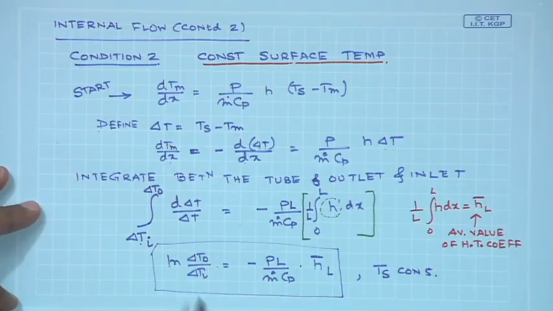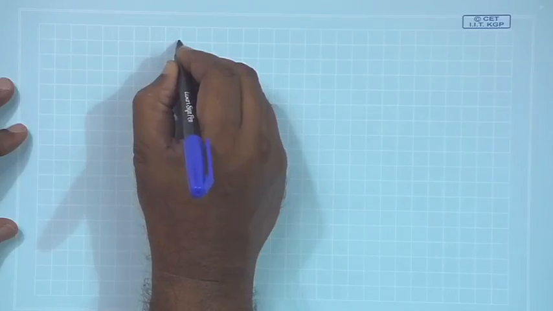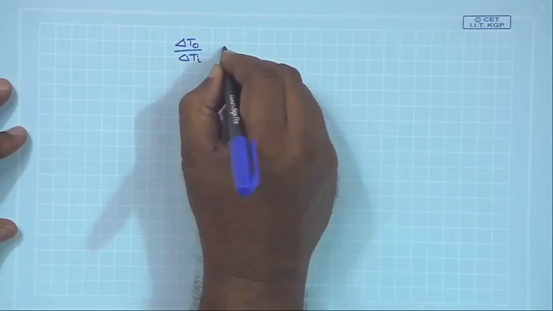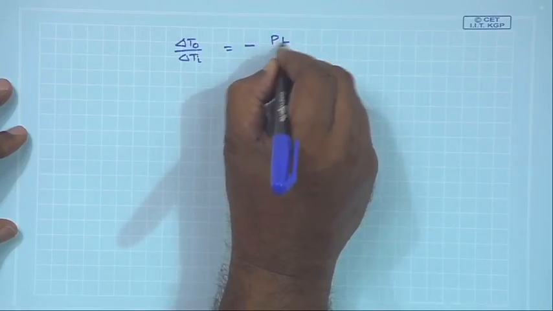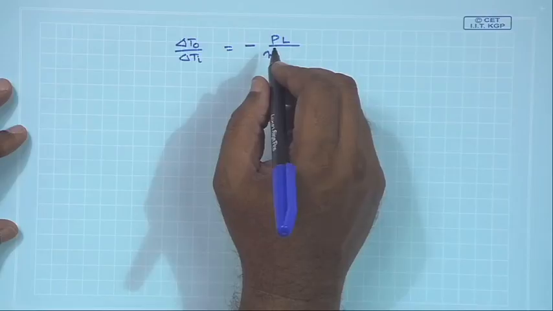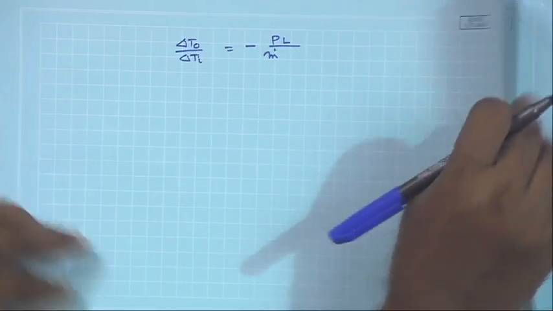So, from here I can find out what delta T 0 by delta T I is, and I am going to write that on the next page. From the previous expression, I will write it once again.